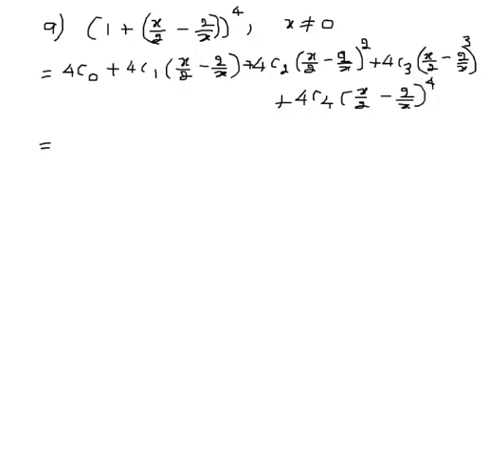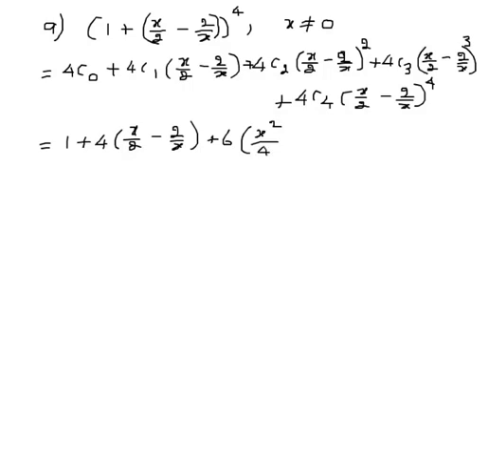Let us simplify this. 4C0 is 1, 4C1 is 4 times (x by 2 minus 2 by x) and 4C2 is 4 into 3 by 2, so 6. Let us expand and write this.